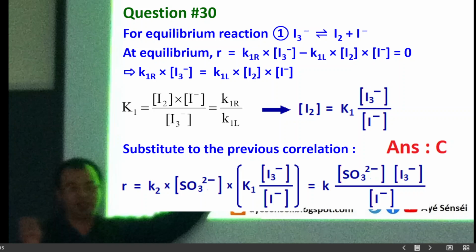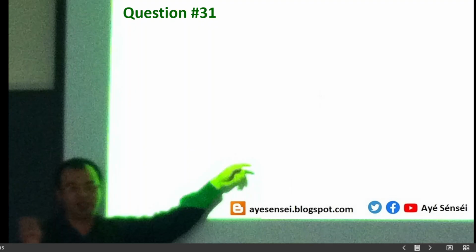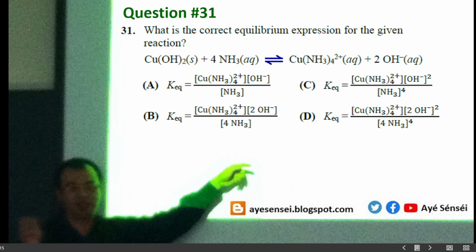Okay, now let's continue with question number 31. What is the correct equilibrium expression for the given reaction? If we take a look, this is a solid, so copper 2 hydroxide will be excluded from the equilibrium.